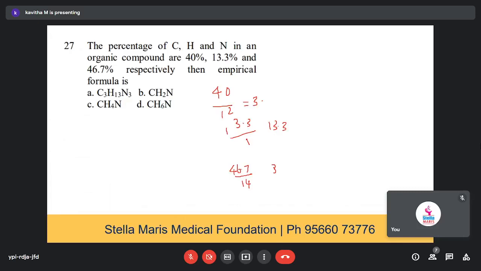Yes, ma'am. For carbon and nitrogen it will be 1, and when you divide 13.3 by 3, it will be 4. 4 threes are 12. So 1 carbon, 1 nitrogen, and 4 hydrogens are present. So the answer will be A, ma'am. 1 carbon, 1 nitrogen, and 4 hydrogen.